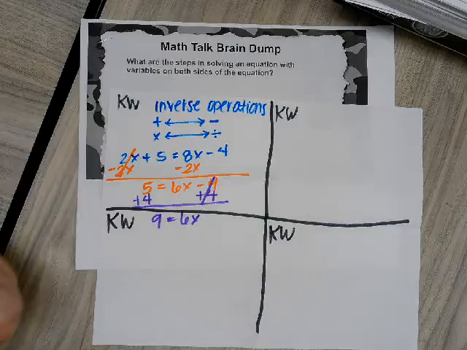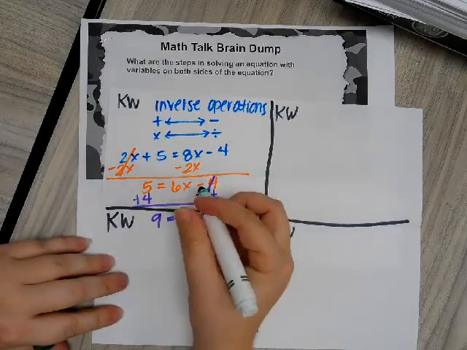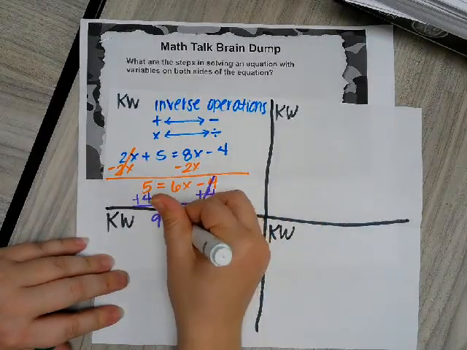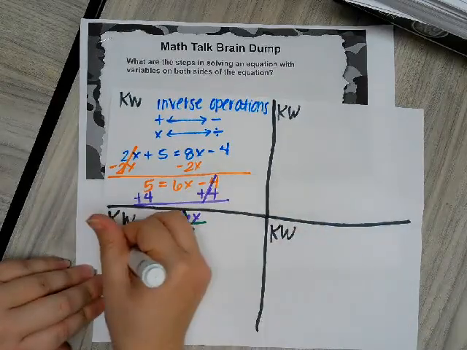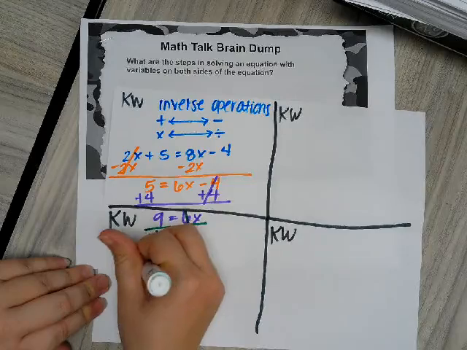Now it's time for me to isolate my variable, get my variable by itself. So I'm going to do the inverse. The inverse is to divide by 6. Divide by 6. You have 9 over 6. I can simplify that by 3.